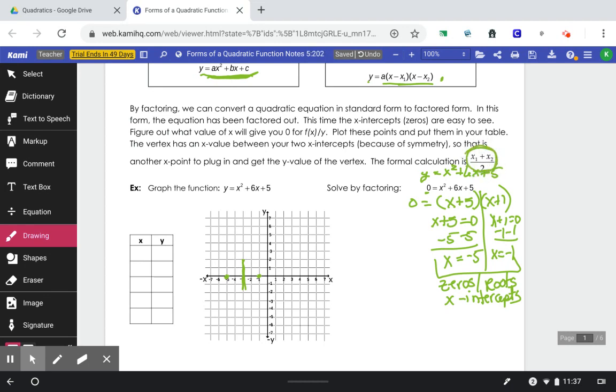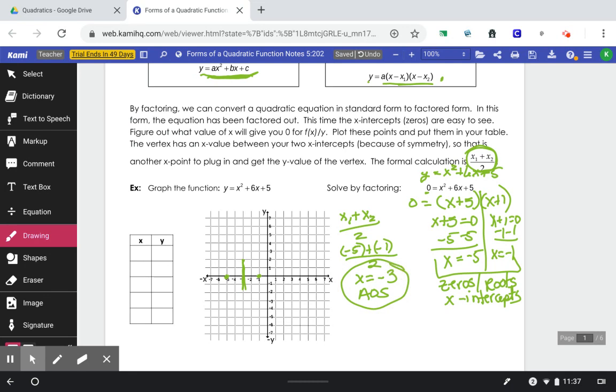You can use this formula right here. x1 would be one of your roots plus x2 this other root, and then just divide in half. So x1 plus x2 divided by 2 gives me my axis of symmetry. I'm going to think negative 5 plus negative 1 all over 2. I get negative 6 divided by 2. So x equals negative 3. This is going to be my axis of symmetry.